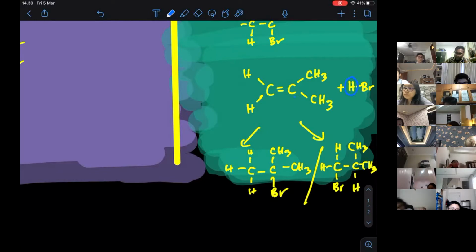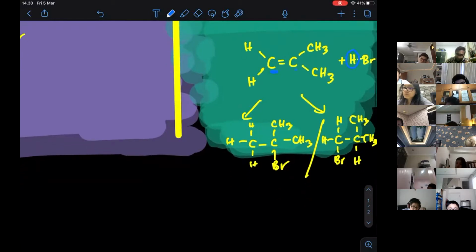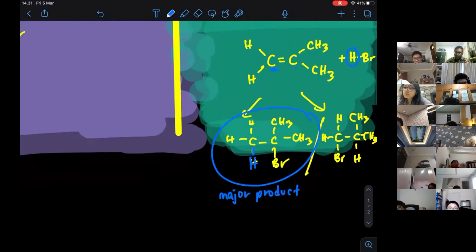So you see the carbon here, zero hydrogen directly attached. The carbon here, two hydrogens directly attached. So the hydrogen will come to this carbon. So this hydrogen will come here, and then this molecule will be the major product. If they ask you why, then you explain.